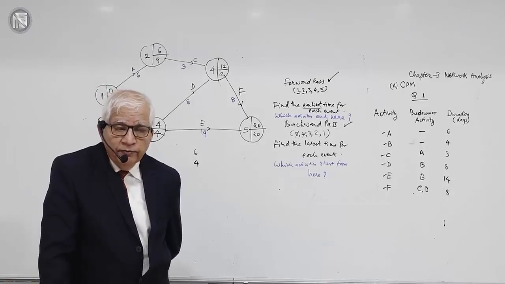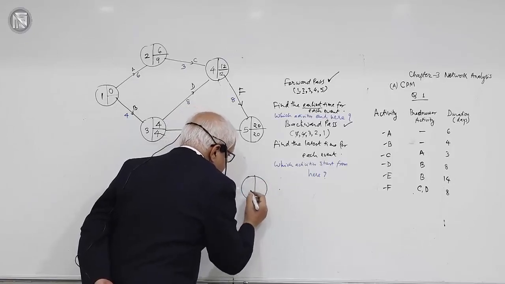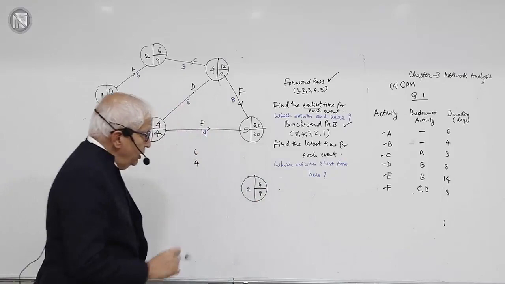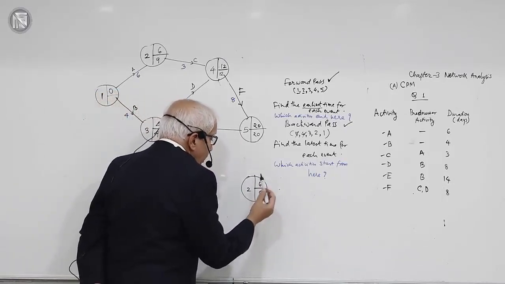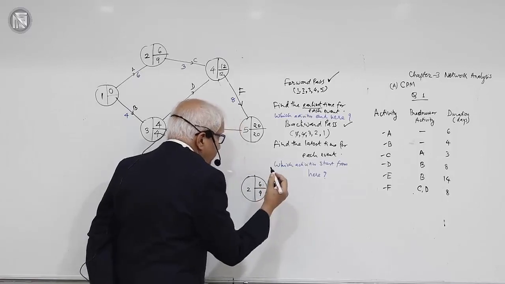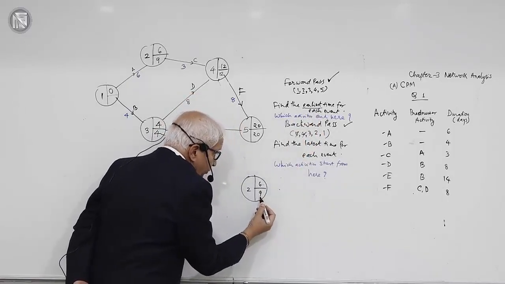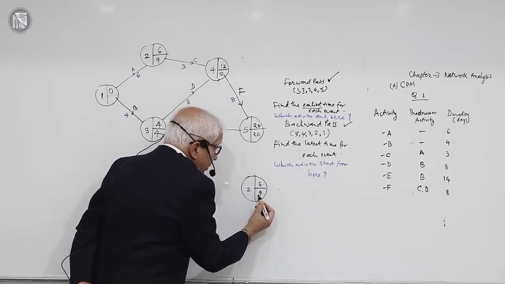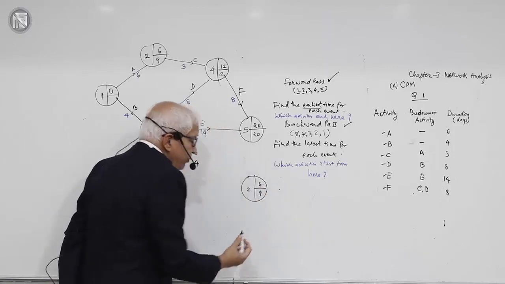Now look at this event. This is event number 2 I am drawing separately. This is 6 and this is 9. What does this mean? This means that event number 2 cannot happen before time 6 because this is the earliest time for the event, and this is the latest time for the event. Therefore, it should not happen after time 9. It cannot happen before time 6 and it should not happen after time 9.